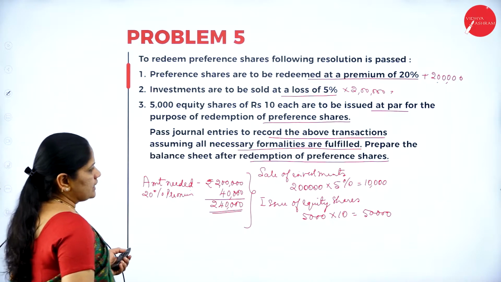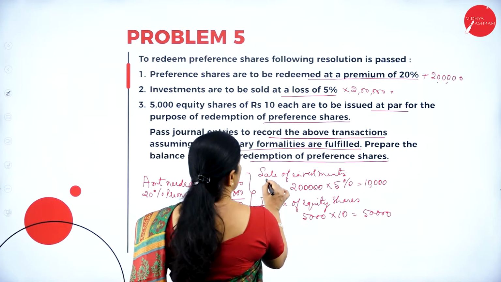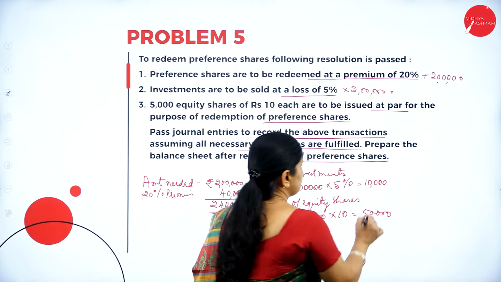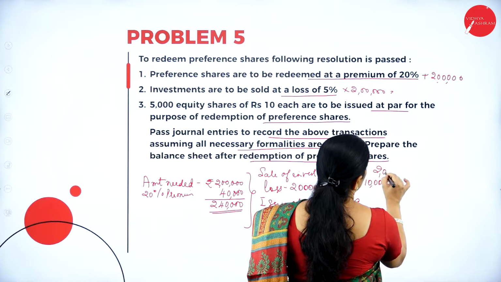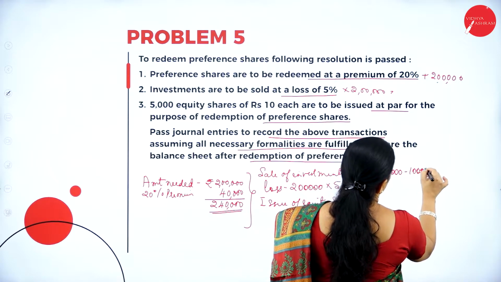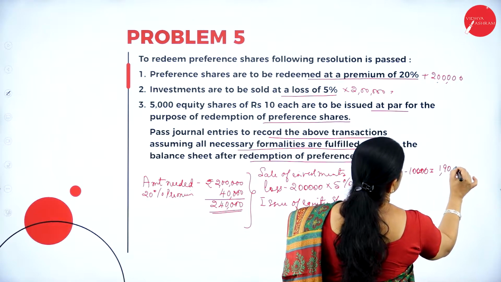So they are selling the investments, that is sale of investments. This is the loss here. So the loss is 10,000. So the investments will be 2 lakhs minus 10,000, that is equal to 1,90,000.